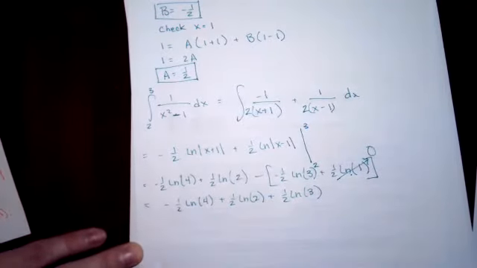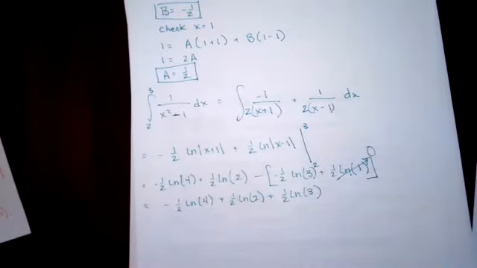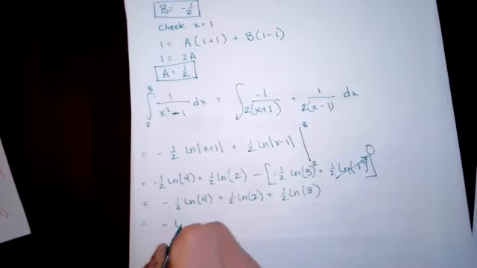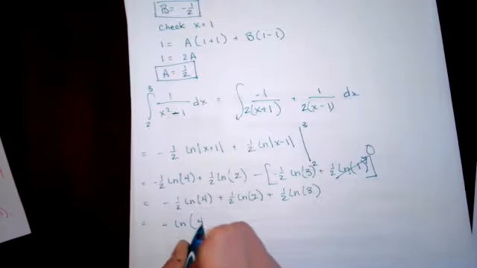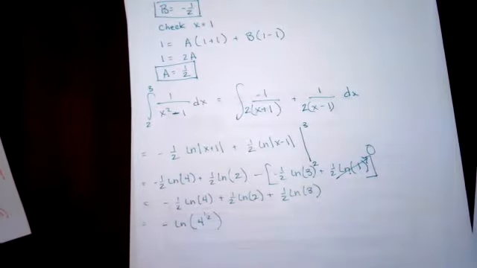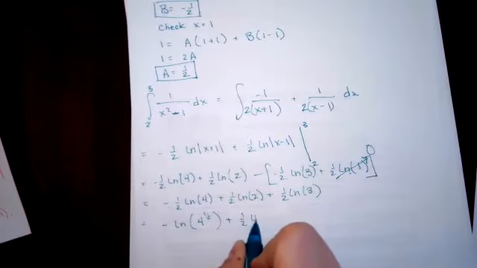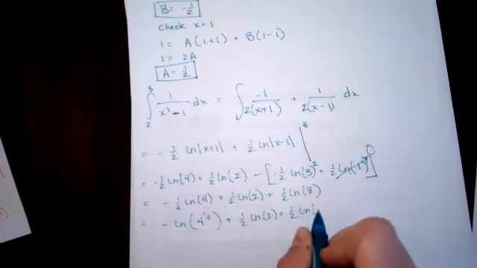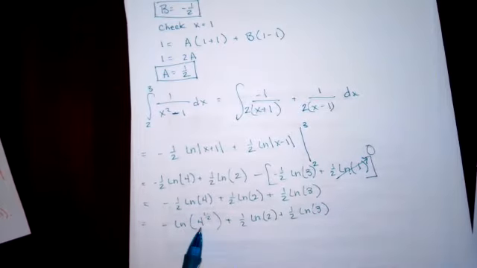What is -1/2 natural log of 4? We can do negative natural log of 4 to the 1/2, plus 1/2 natural log of 2, plus 1/2 natural log of 3. And of course, the reason I did that was because we have this natural log of 2 here.